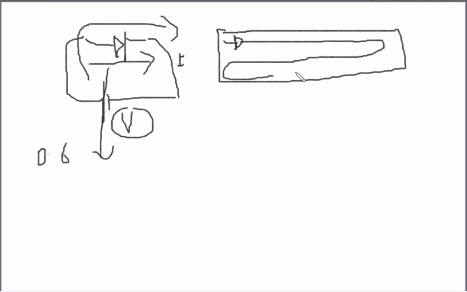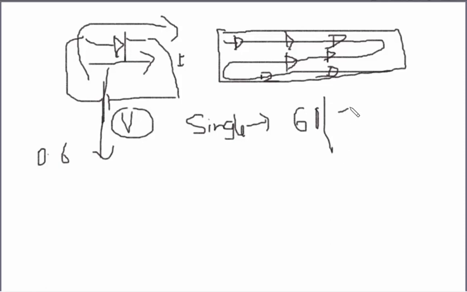So in order to form a solar module like this, it contains a number of series diodes. All these diodes or solar cells form one single module. A single module contains 60 or 72 series cells.